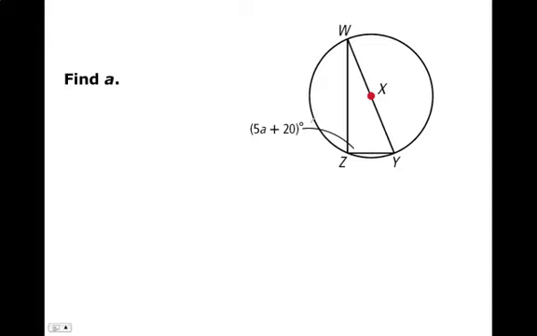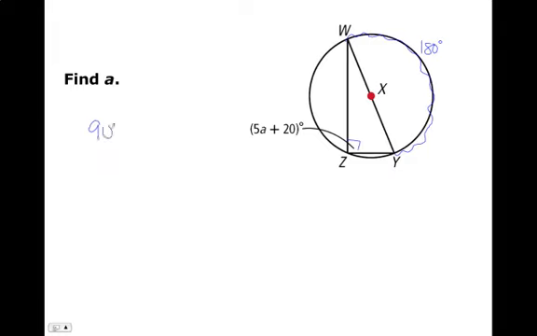So here, if we want to find the value of A, we've got to look at our picture. Notice WY is a diameter, so this arc is 180 degrees. If we're trying to find this angle, we know that it's going to be half of 180, which makes it a right angle.